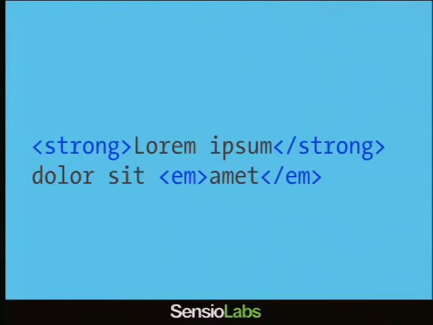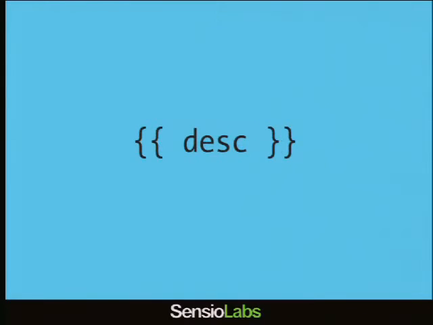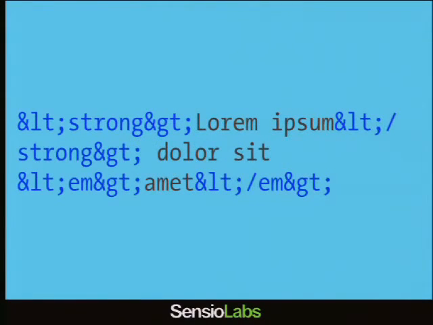So this is the description of my article, for instance, and as you can see, I have some HTML tags inside. So when I want to output this description, here is what Twig is going to do by default, right? As you can see, all the tags are now escaped. That's because Twig tries to be as secure as possible by default.